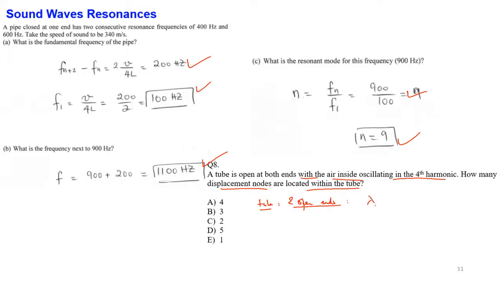You know that lambda n is equal to what? 2L divided by n. And Fn is Nv divided by 2L. So here I'm telling you that fourth harmonic, so n is equal to 4. Okay. Now, how many displacement nodes are located within the tube? How many nodes do we have within the tube?